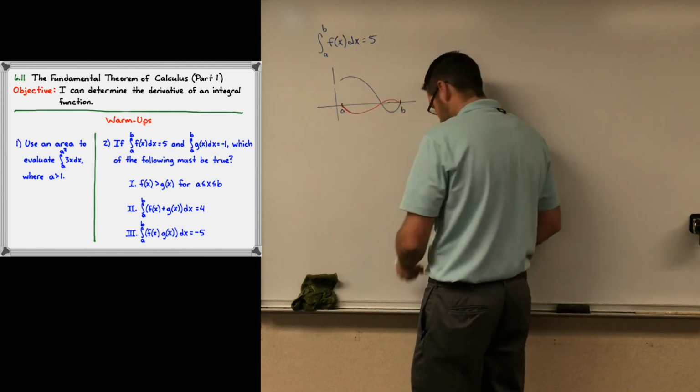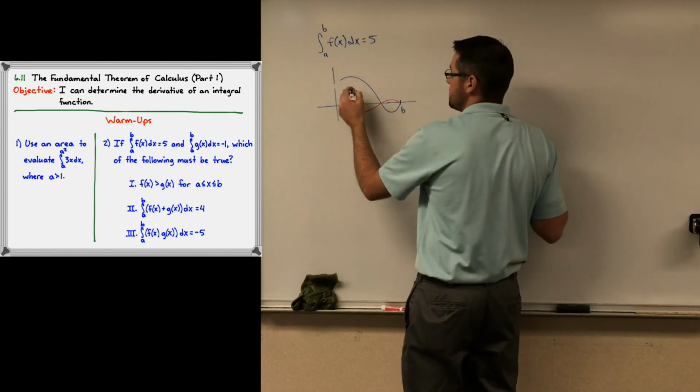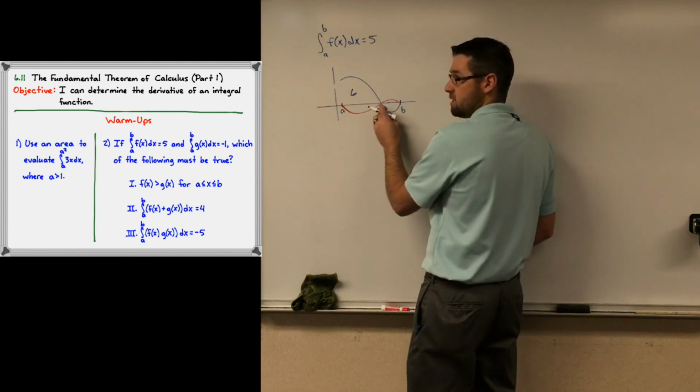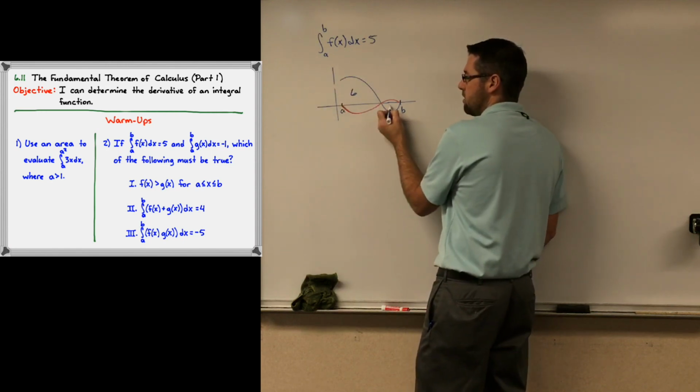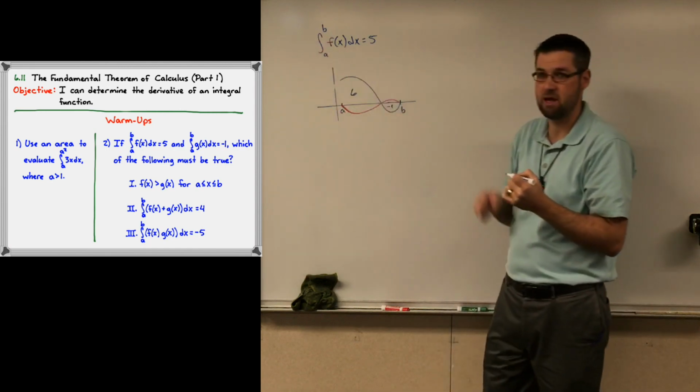You get what I'm saying? Now watch, I'm just going to throw some numbers out there. If F is 6 here, that's the area from A to whatever that is, and -1, that would give you an integral from A to B of 5, right?